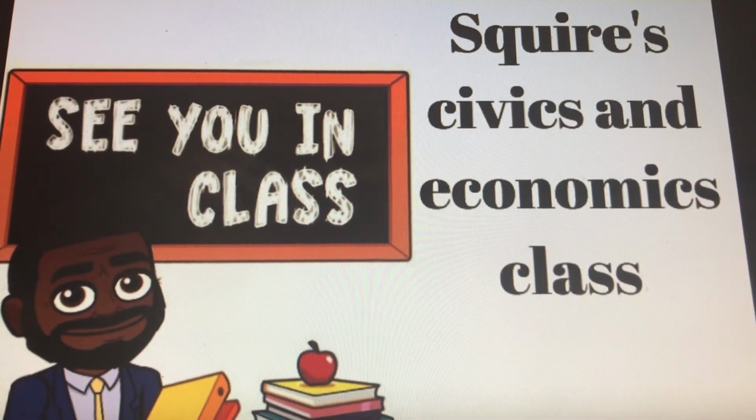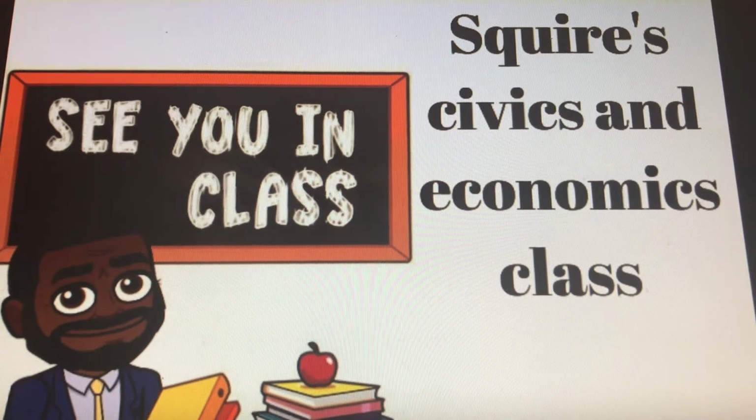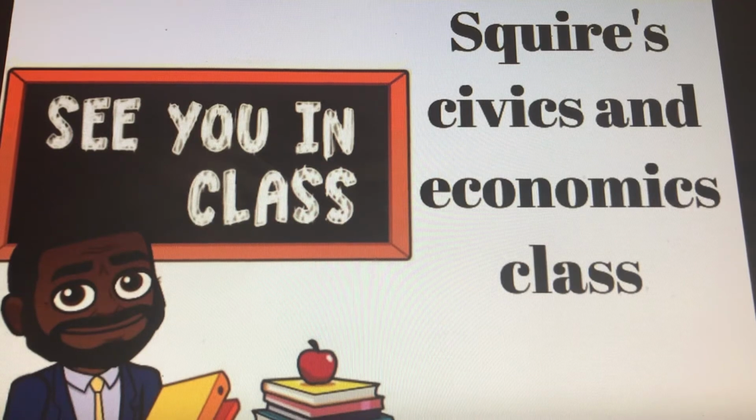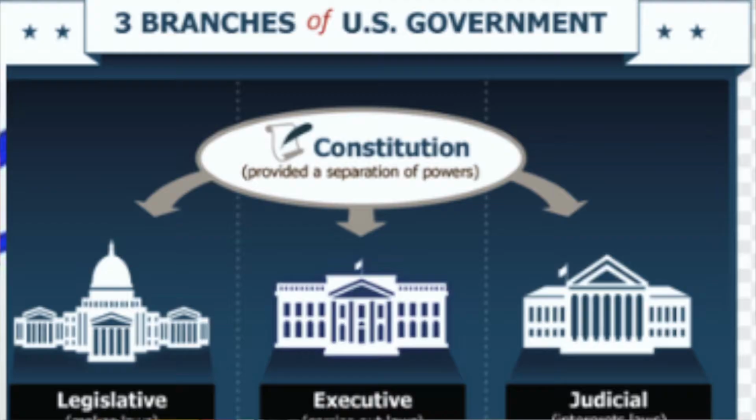Now, jumping into the key information that you need to know about the structures and the powers of the national government. You must understand that the legislative, executive, and judicial powers of the national government are distributed among three distinct and independent branches of government.